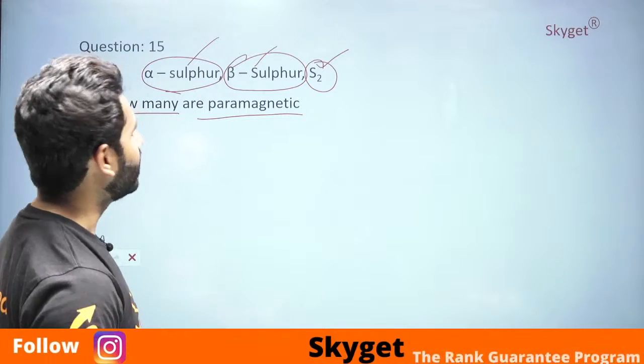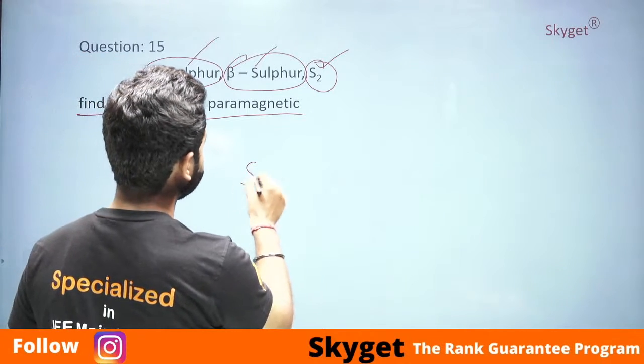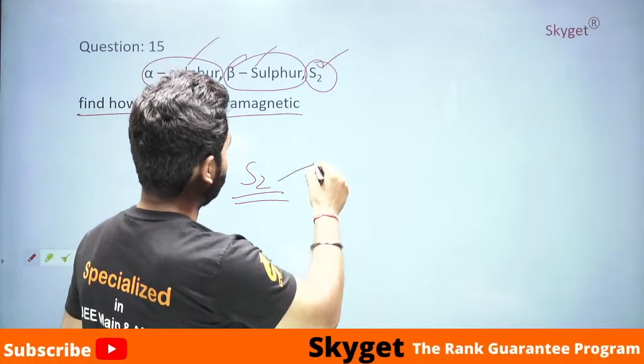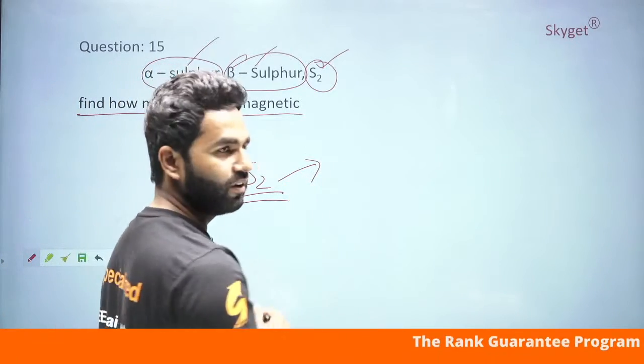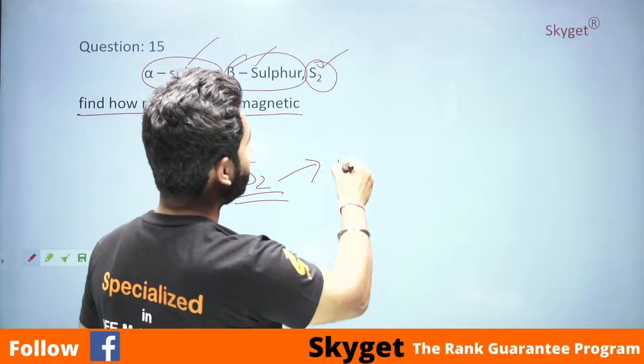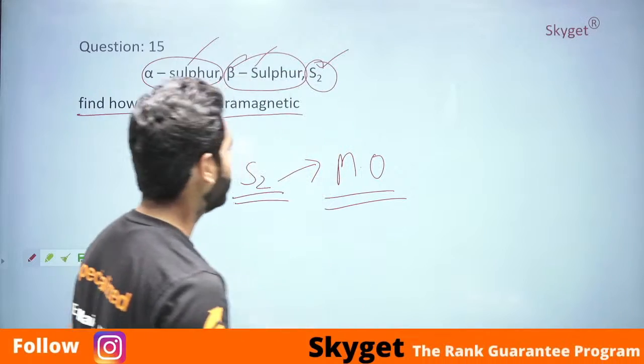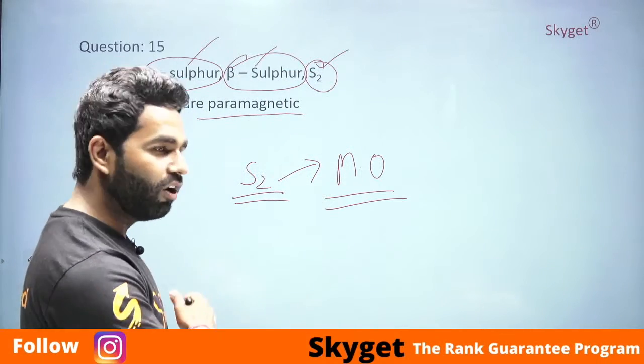Okay, now let's take the example of first S2. In the case of S2, the molecular orbital formation takes place.